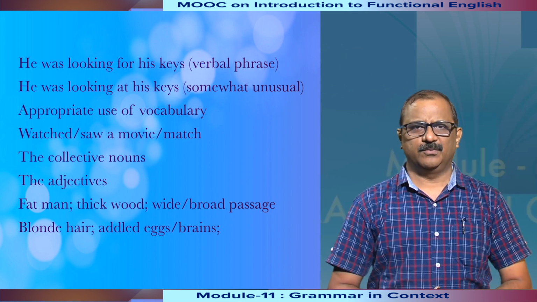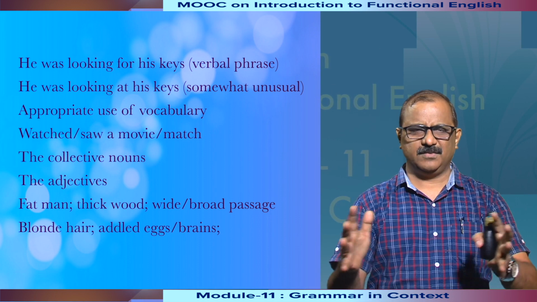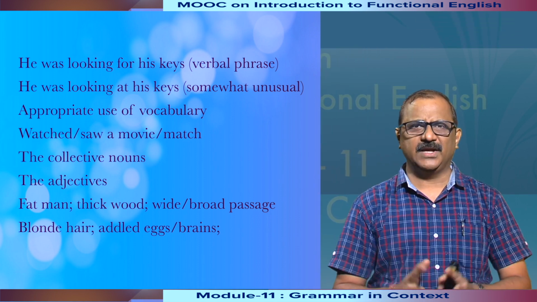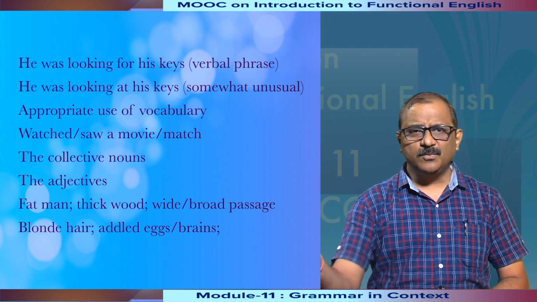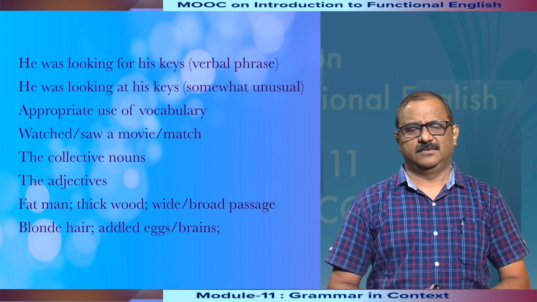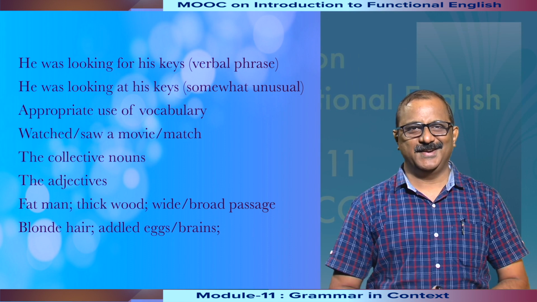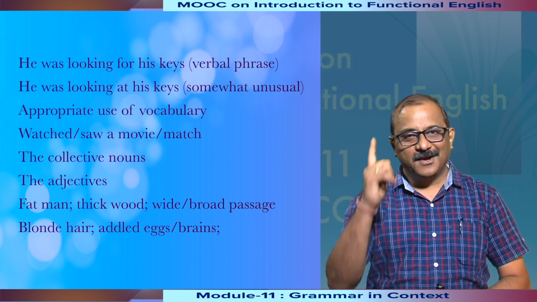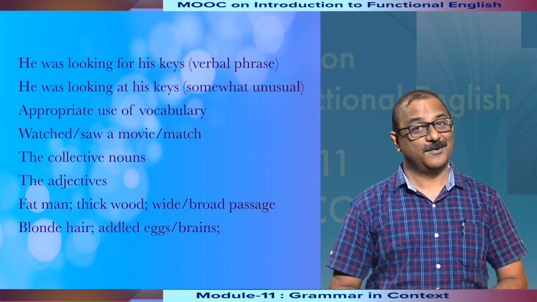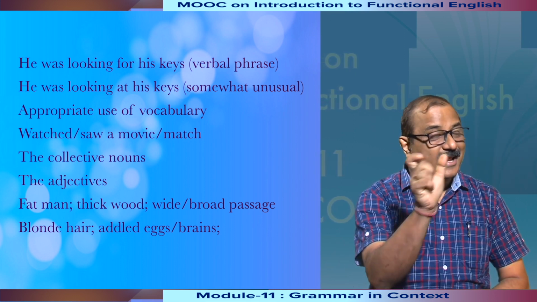Now take the word group. Group means a number together. But would you say a group of cows? No. What will you say? Yes, a herd of cows. Exactly. A group of birds? You will say no, a flock of birds. So this is a collective noun.